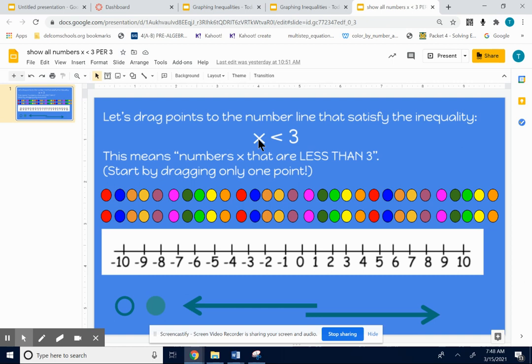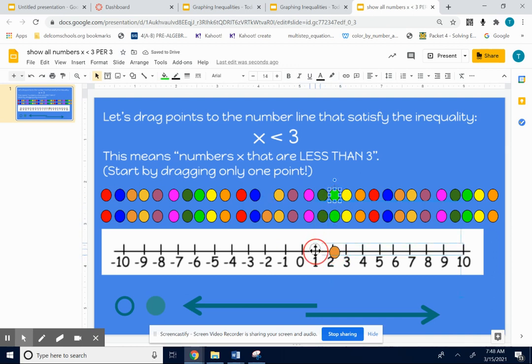Okay, the inequality that we're going to do says x is less than 3. That means we want to show all numbers x that are less than 3 on our number line. Students are going to drag a point.